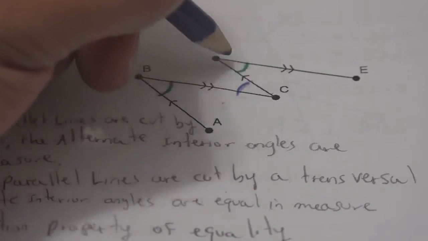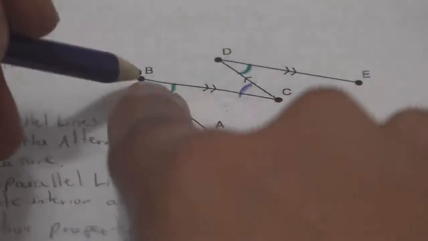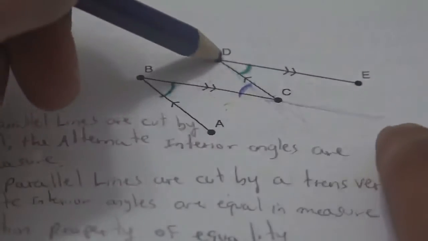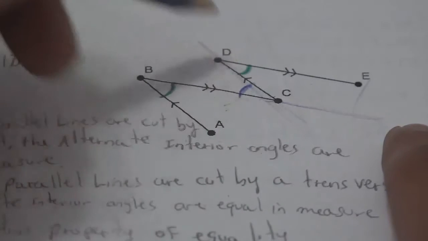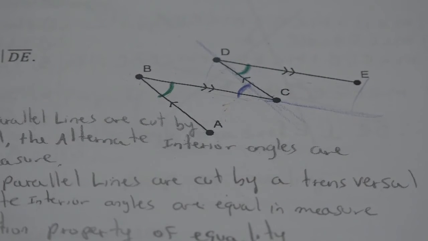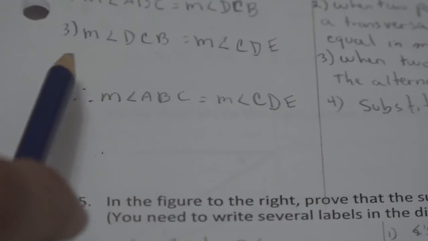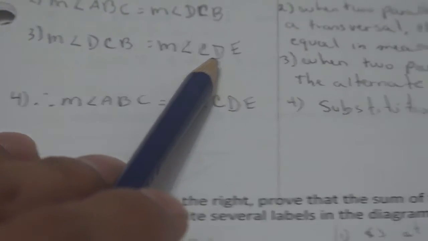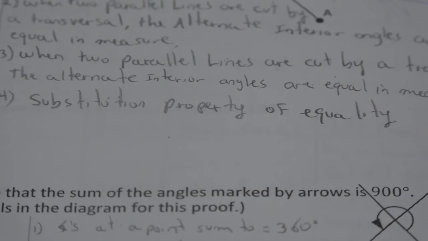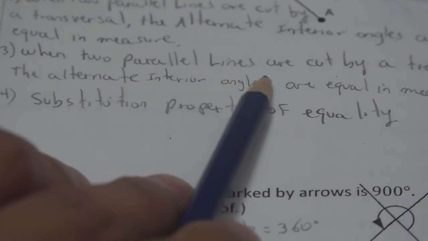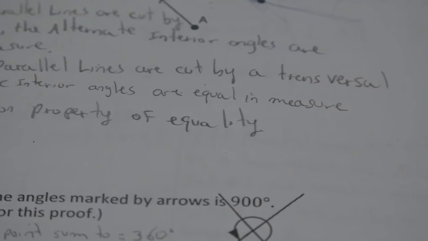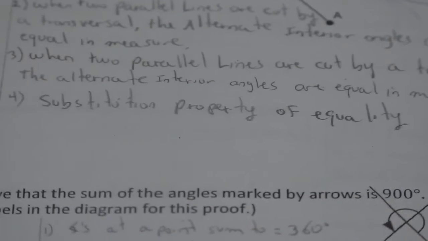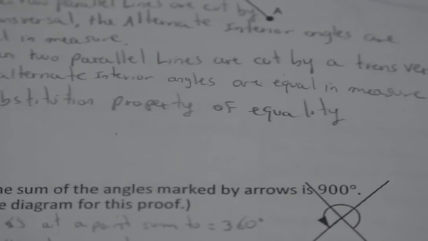This angle being congruent to this angle. Well, these are parallel lines. If you want to go all the way here, parallel lines cut by a transversal. So this is the interior of the parallel line. So these angles are actually congruent because they are alternate interior angles. So then my third statement is accompanied by my third reason. When two parallel lines are cut by a transversal, then guess what? The alternate interior angles are equal in measure.